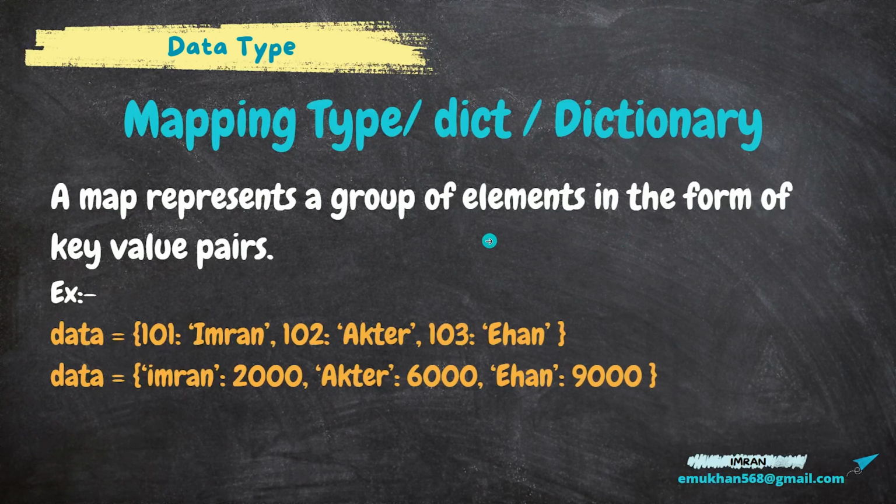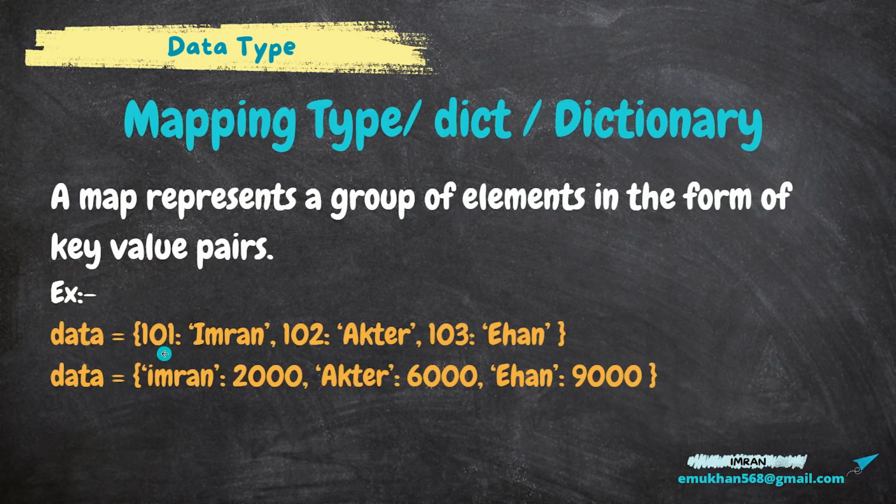But there is a difference between list and dictionary, because the group of elements will stay purely as key and value pairs. It's a must. It will have key and value. So if you would like to have a dictionary, then you have to write the key as well as the value. This is the form.